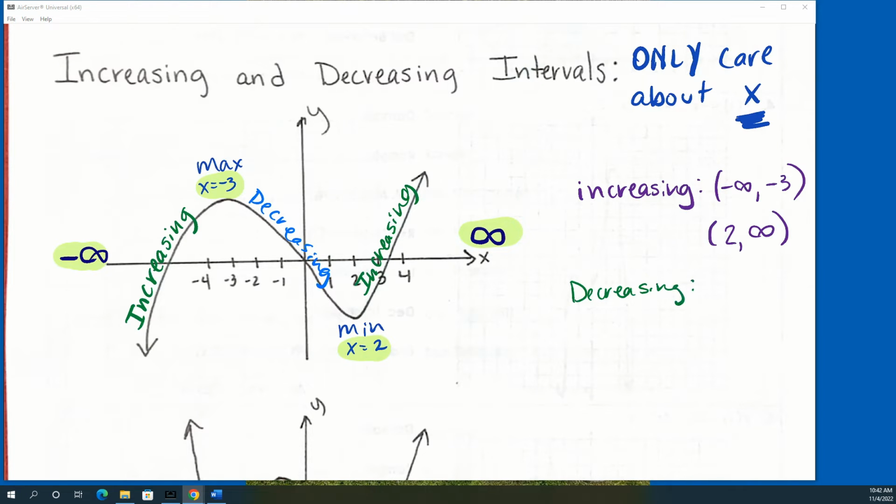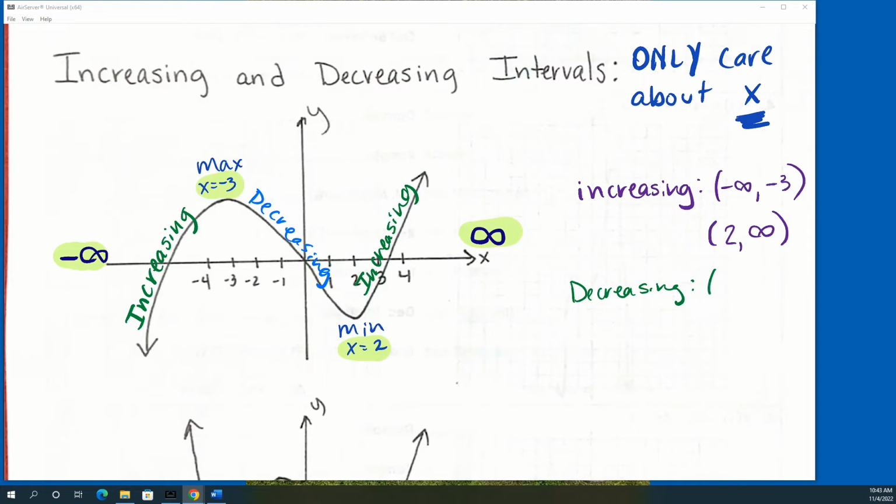All right, so I'm also going to have one interval of decreasing. I'm talking about this section right here. So between what two x values is that section? -3 and 2.